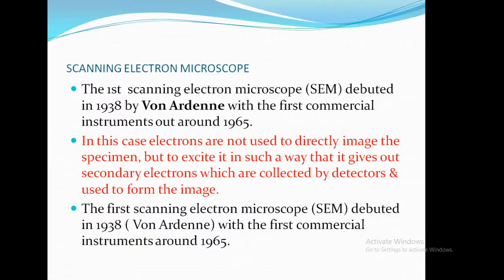In this case, electrons are not used to directly image the specimen, but to excite it in such a way that it gives out secondary electrons, which are collected by the detector and used to form an image.